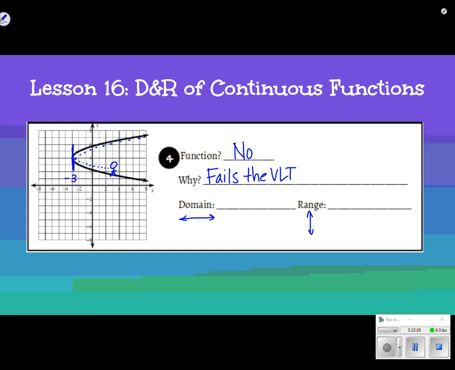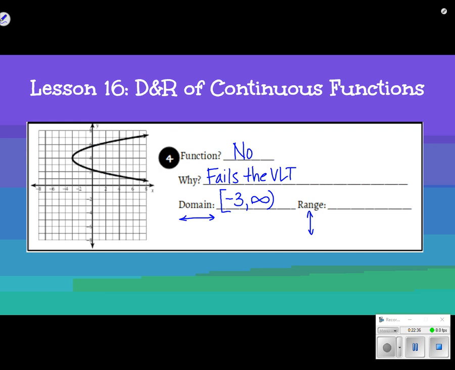So -3 is the furthest left. It gets a bracket because I can point to it. And then the question is now, what's the furthest right? Well, because of the arrows, it's going to go right forever, so it's going to go right to positive infinity. So even though some of these are not functions, you could still do domain and range.